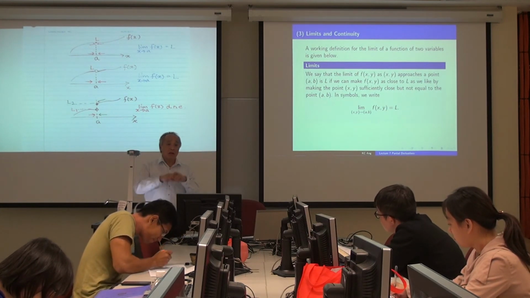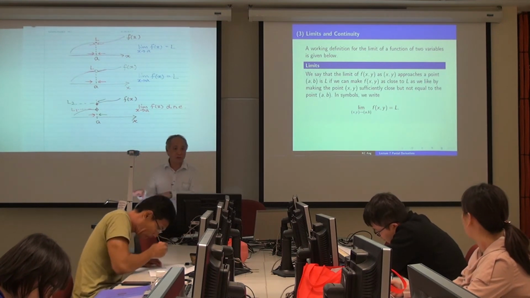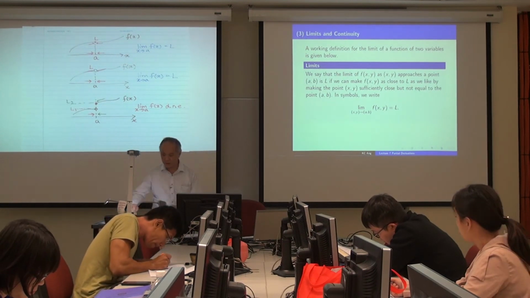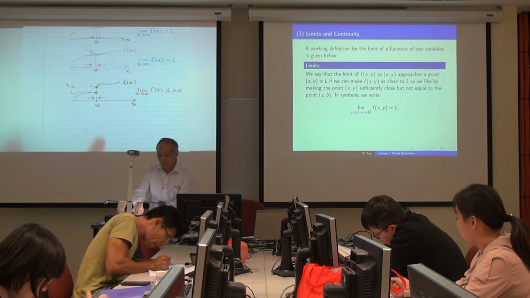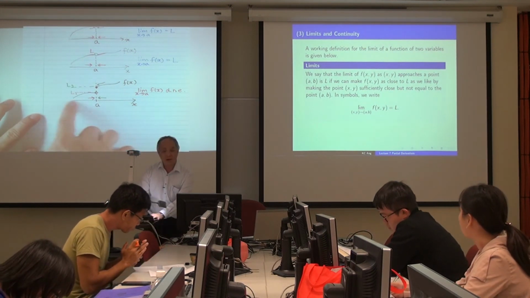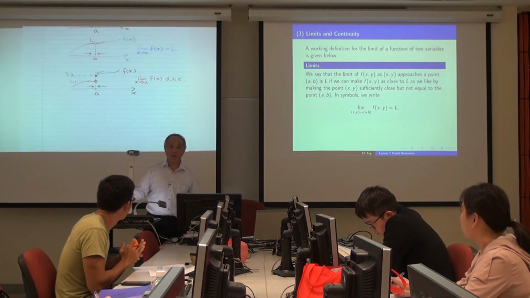Now, what about two variables? How do we extend this kind of concept to a function of two variables? Well, in a function of two variables, you no longer can draw one line for your domain. You can't just draw an x-axis. You must draw the plane xy, correct?